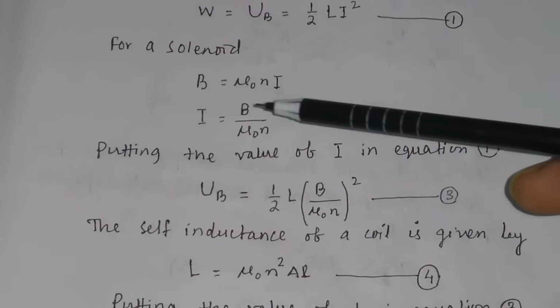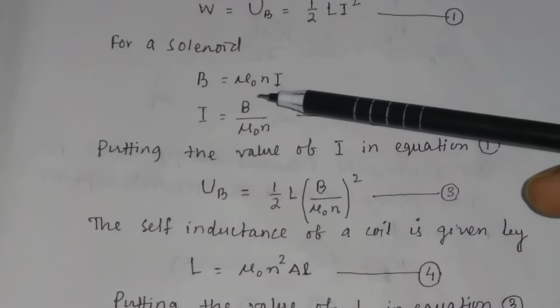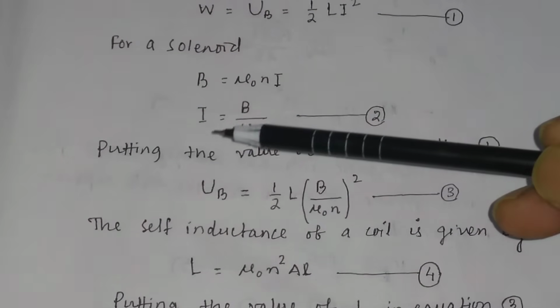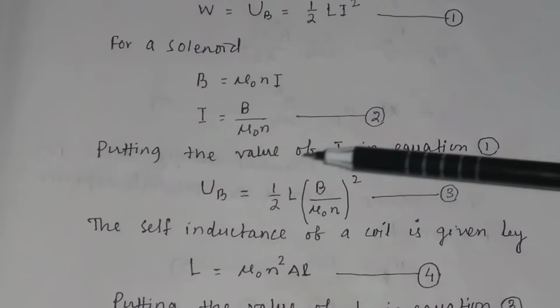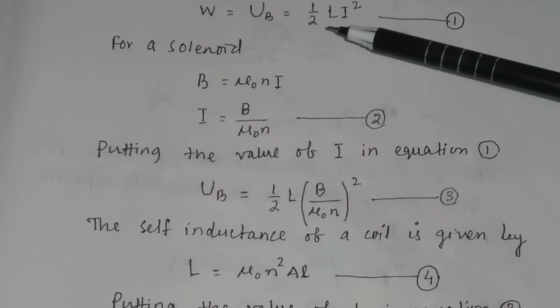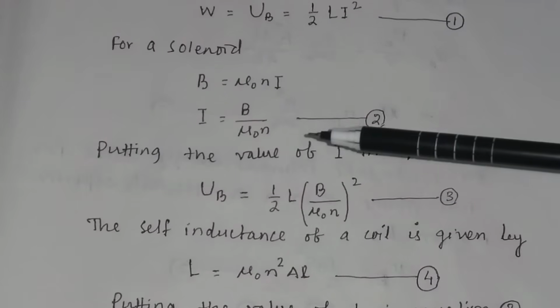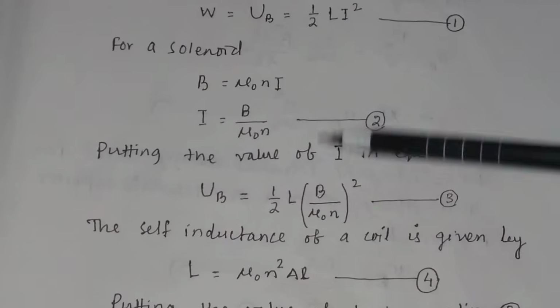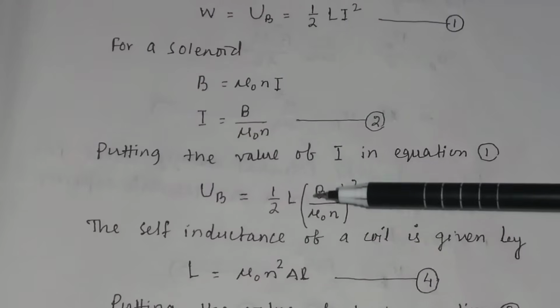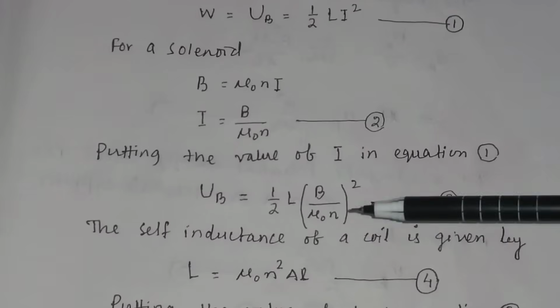For a solenoid, the magnetic field is equal to mu 0 N i. So i will be equal to B divided by mu 0 N. So if you put the value of i in equation 1, then you will get W or UB equal to half into L into i square, that is, B by mu 0 N whole square.